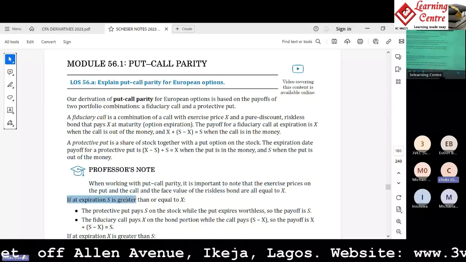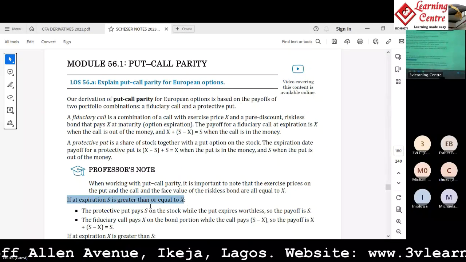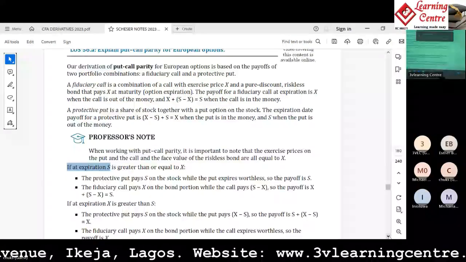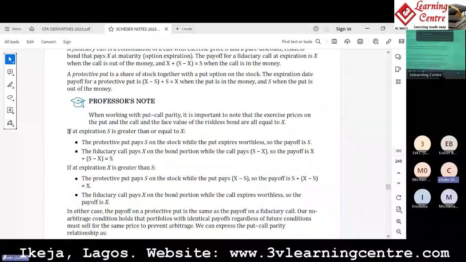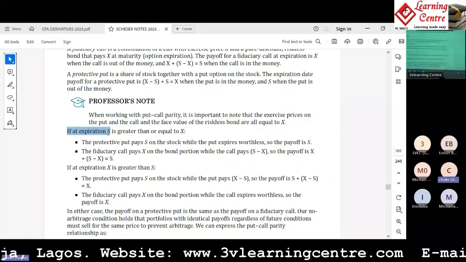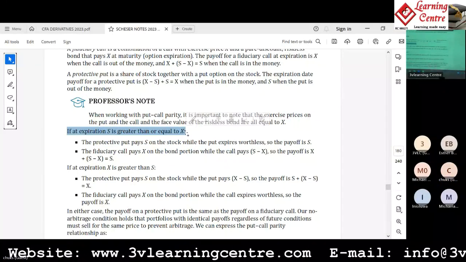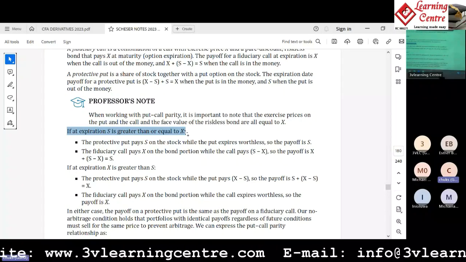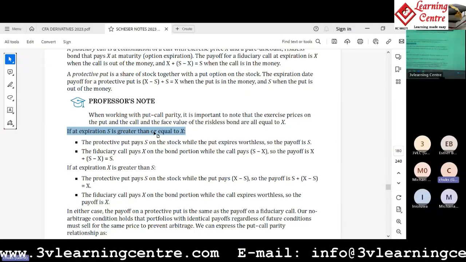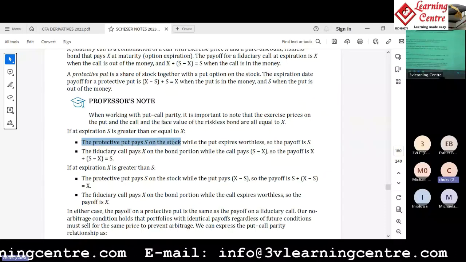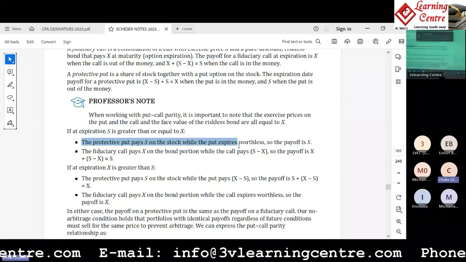So if at expiration S is greater than X, as we've spoken about before, in this first one the price of the asset is greater than the price we agreed. Meaning that for the person selling, the protective put pays X on the stock, while the put expires worthless.